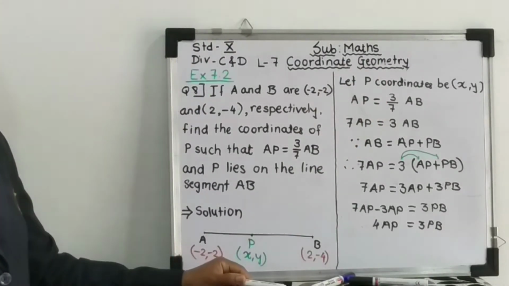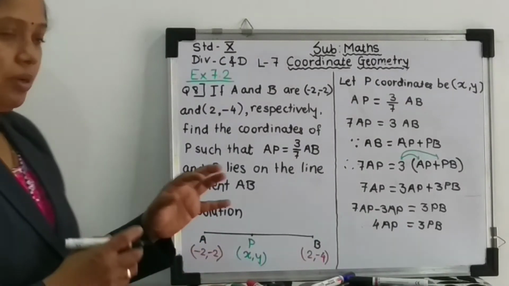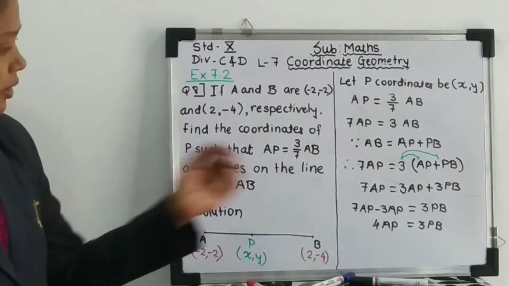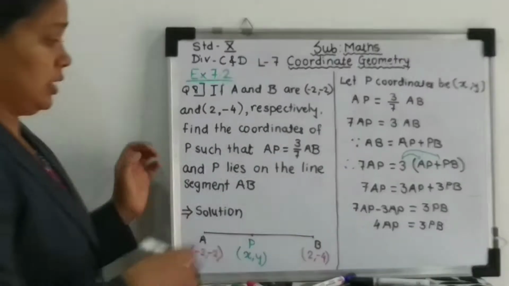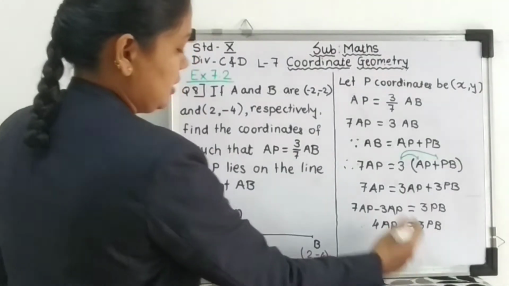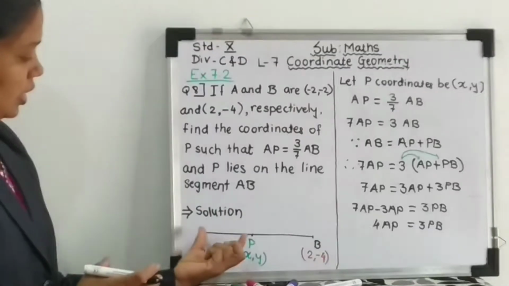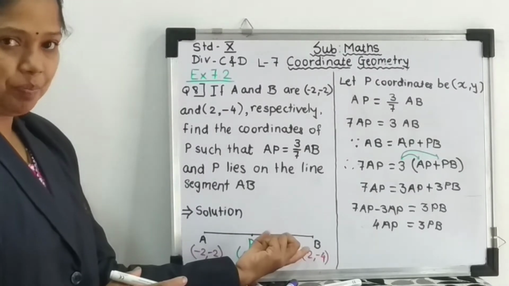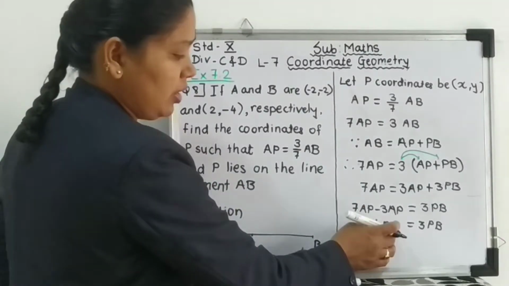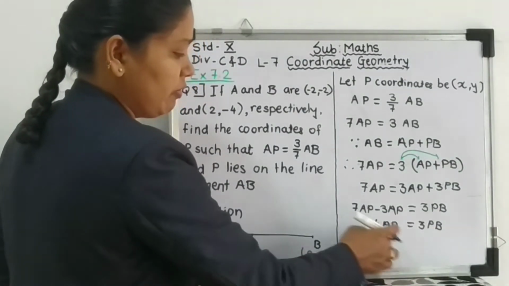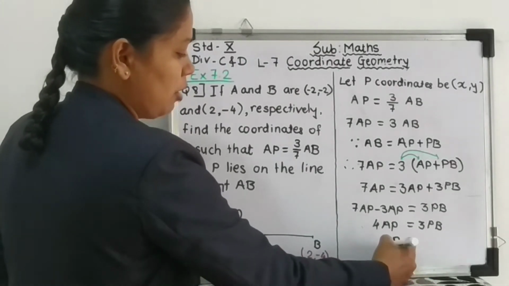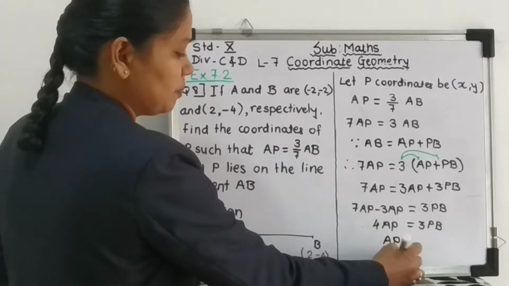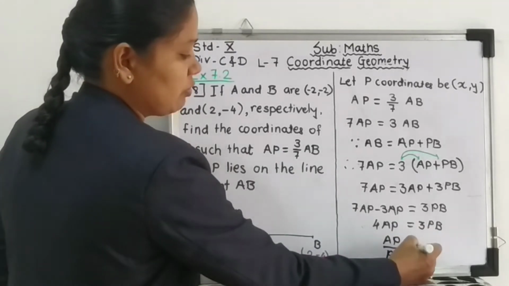Now we will put the numbers one side and the segments on another side. We want the ratio AP is to PB, right? So AP we will keep as it is, and we will transpose PB to this side. So AP upon PB we will write. It is multiplied, so it will be divided.